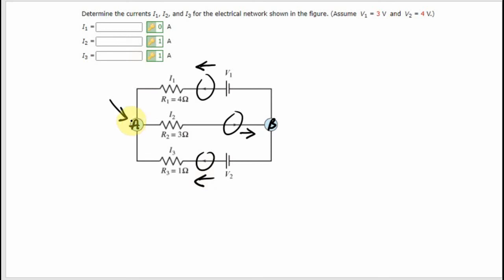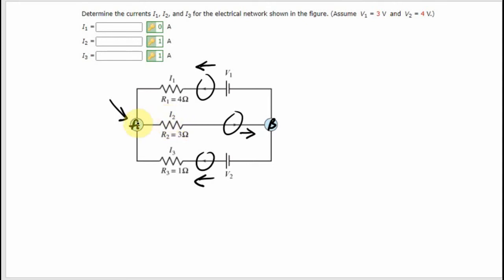So looking at A, based on these three resistors for this circuit board, I can use Kirchhoff's law, that first point, to determine the energy going into this node A versus the energy going out. So what's going in is I sub 1, and it looks like here I sub 3. And what's going out from A is I sub 2.